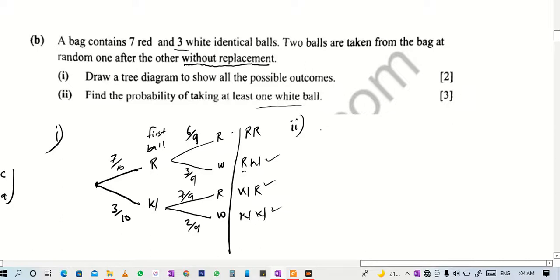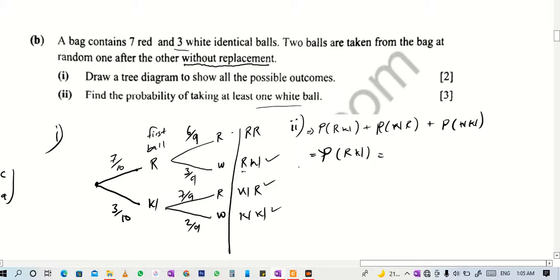So this would be equal to the probability of getting red, white, plus the probability of getting white, red, plus the probability of getting white, white.